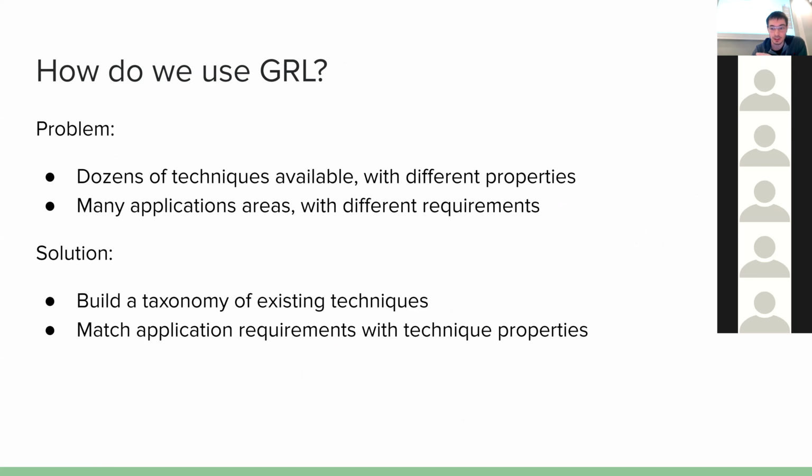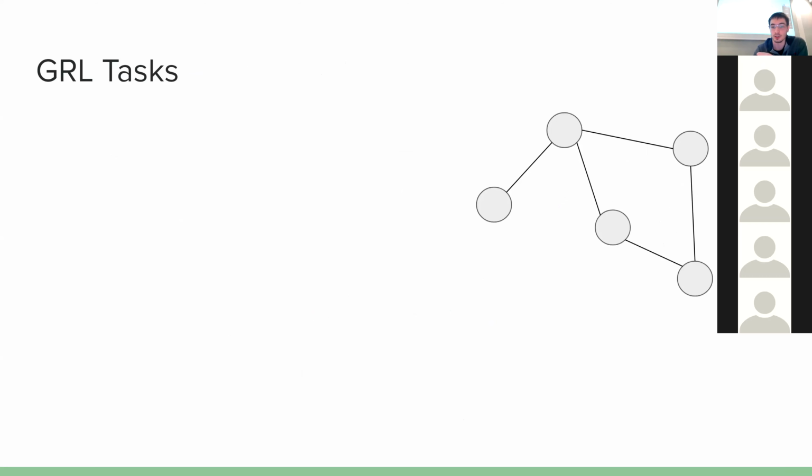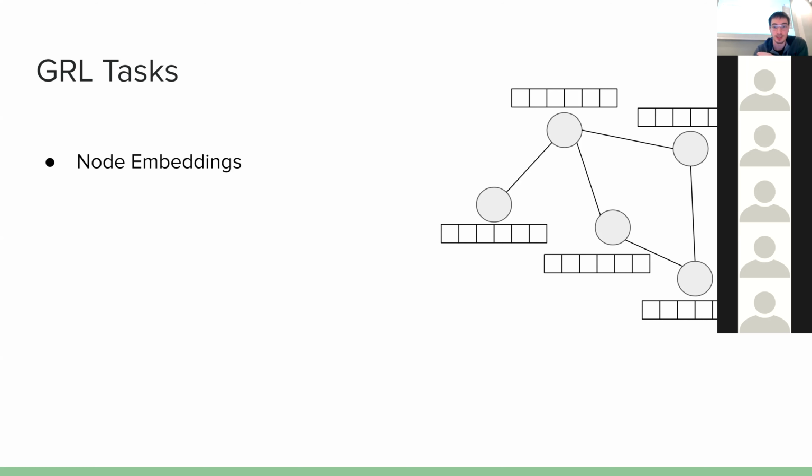So then let's move forward and see what the main types of tasks are that we solve with graph representation learning. The first type of task, which is probably the most common, is node level tasks. We compute the node embeddings.